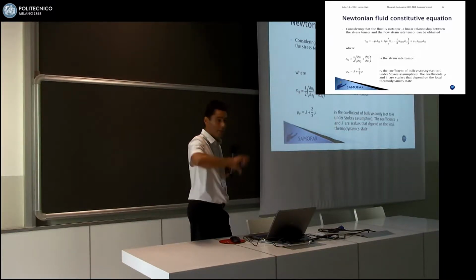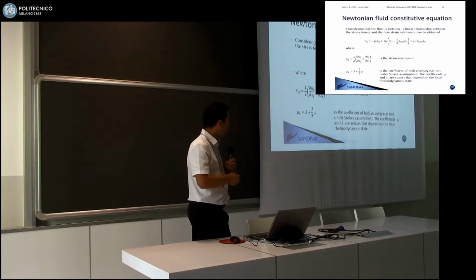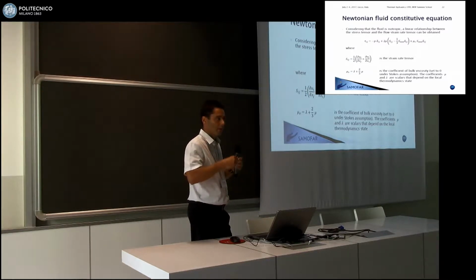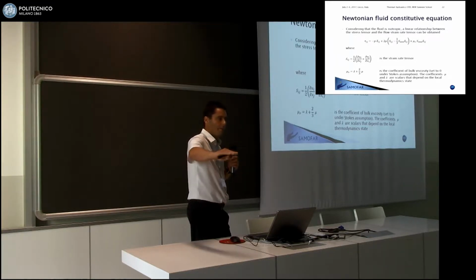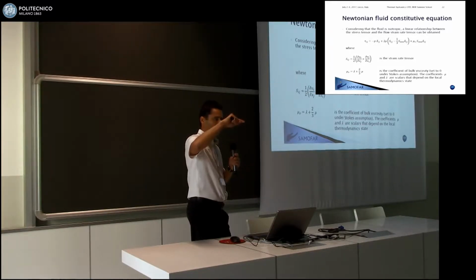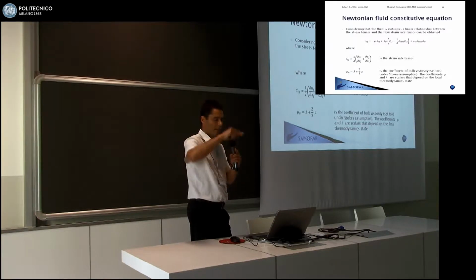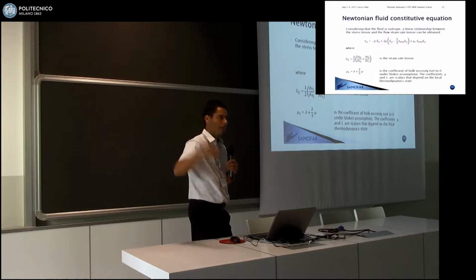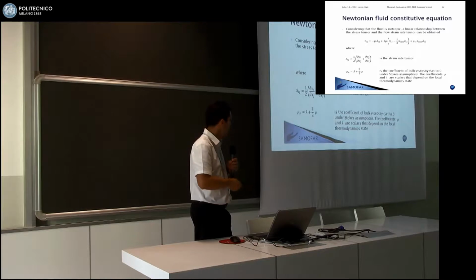If you have a rigid body, this tensor will be 0 because the relative distance between 2 points in a rigid body is not changing. Eventually, the body may displace, but it's not going to deform. In a fluid, things are a little bit different. There will be a deformation. If you trace a line, or let's say a square, the square will change shape as the fluid is moving. So this strain rate tensor is capturing that information.